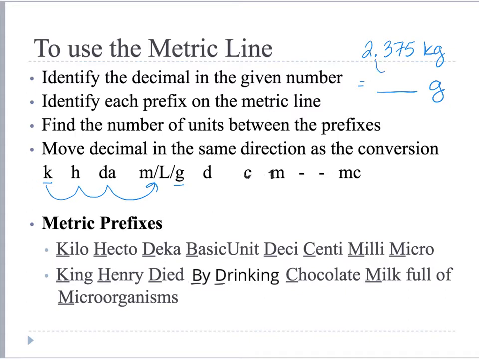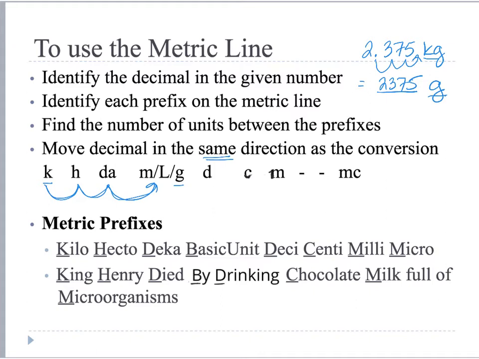So I'd move my decimal point 1, 2, 3 places to the right, and I'd end up with 2,375 grams. So I need to find the number of units between the prefixes, and I move my decimal point in the same direction as the conversion. Since I was going from kilograms to grams, I went to the right, so I needed to move my decimal point to the right.